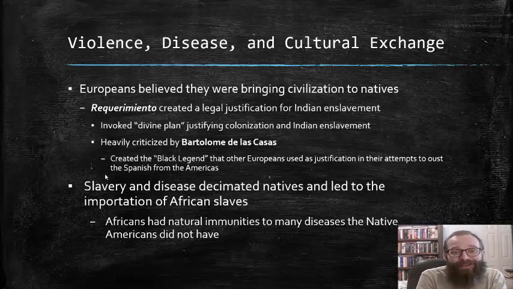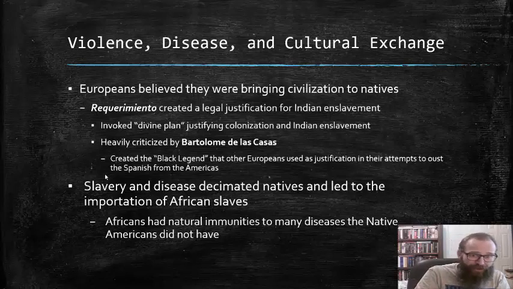by the name of Bartolome de las Casas spoke out heavily against the Spanish attempts to enslave the Indians and colonize those regions. And he wrote a book that spread around Europe very quickly and created what has been termed the Black Legend of Spanish cruelty towards the Native Americans, that is based somewhat in fact, but greatly exaggerated through many different modes.